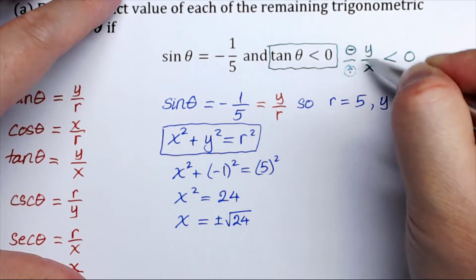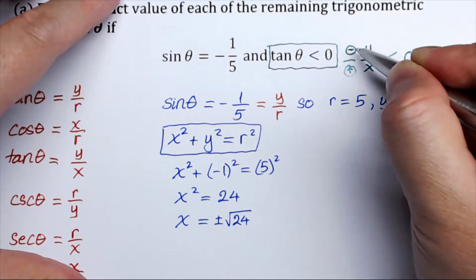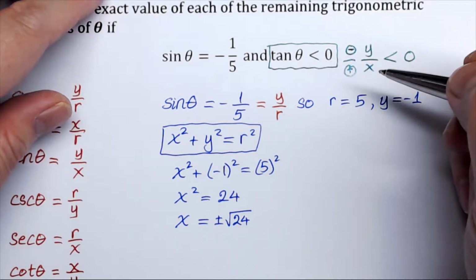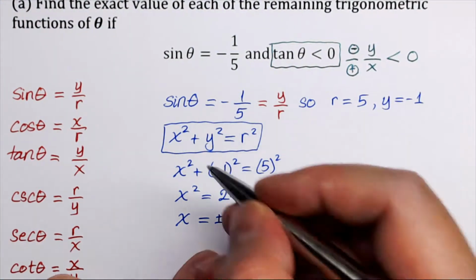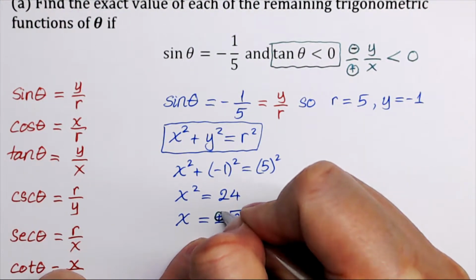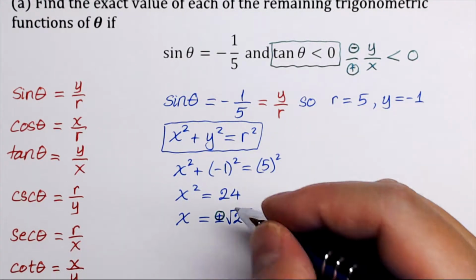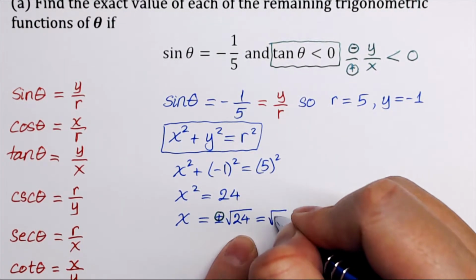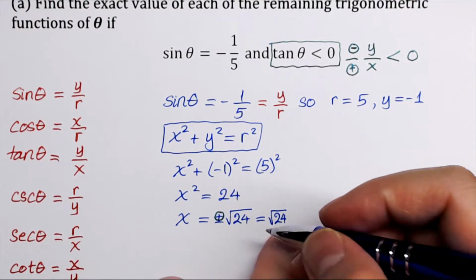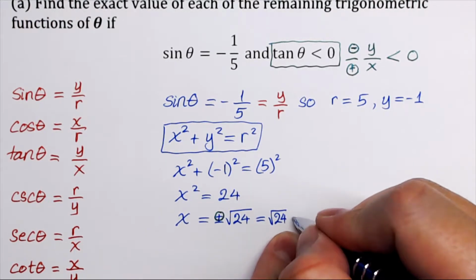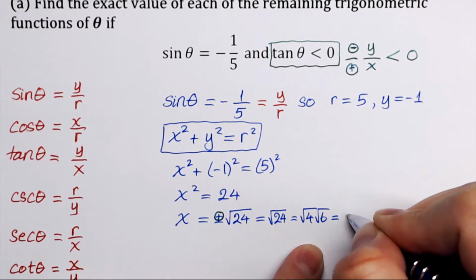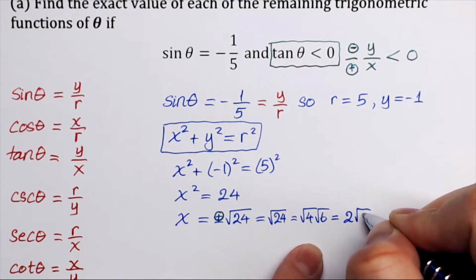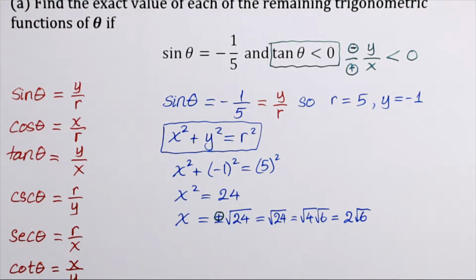Because the ratio y over x is less than 0, one of them is positive and one of them is negative. So x is positive, so we're going to choose the positive square root of 24, or square root of 4 times square root of 6, which is 2 square root of 6.